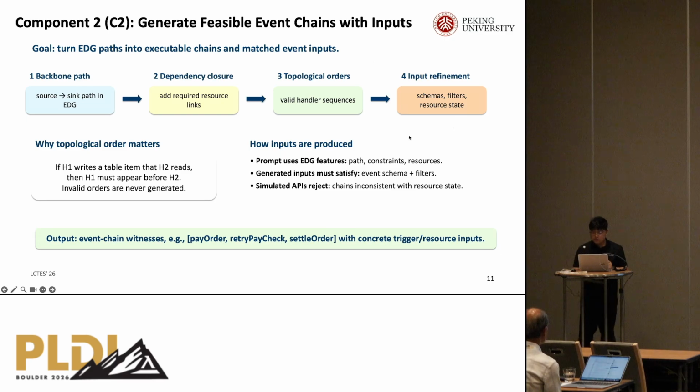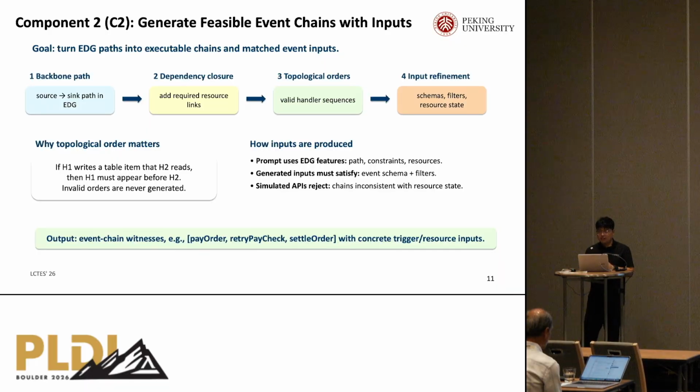Component 2 solves challenge 2 by turning EDG paths into executable event trains. It starts from a source-to-sink backbone path in the EDG, and then adds the dependency closure, that is, any resource-mediated links required for the flow. Next, it enumerates valid topological orders. So if H1 must write a table before H2 reads it, H1 always appears before H2.